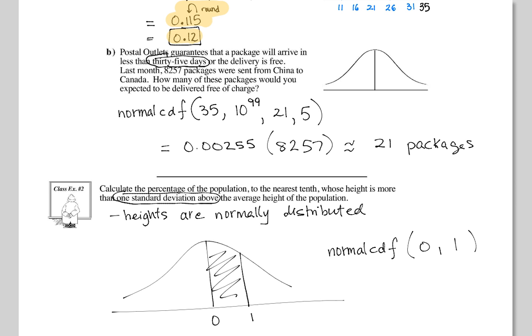You don't need the mean or the standard deviation if you have the Z scores. So, second vars. So you get 0.3413.